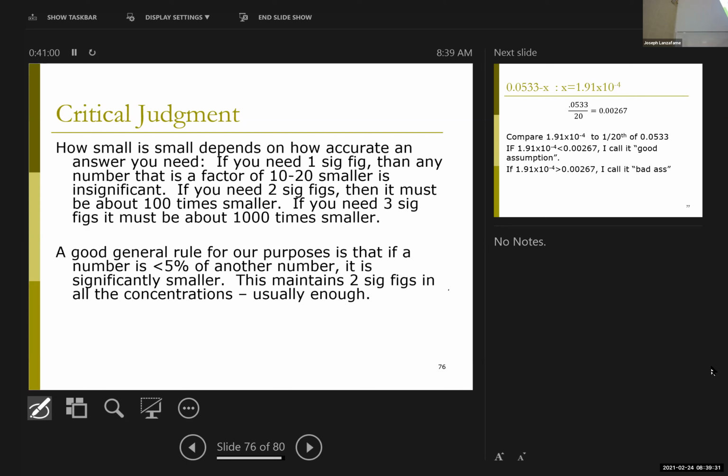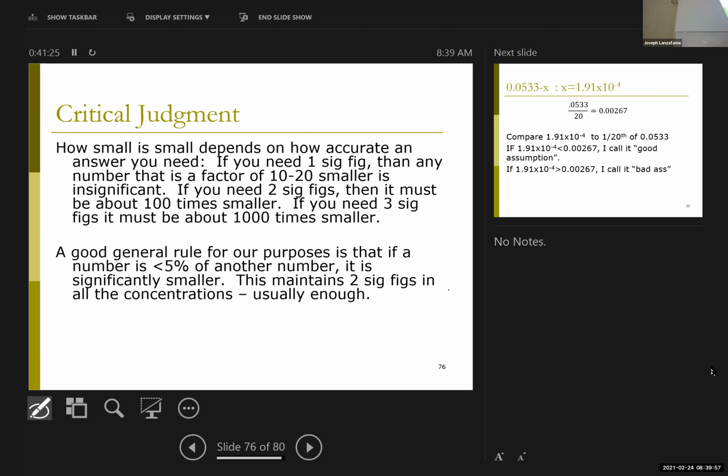There is in the book and often on the internet a back of the envelope type justification after the fact for whether it's a good assumption or not. And, you know, it's the 5% rule. This is a completely arbitrary standard. It's kind of the 2 sig fig standard.